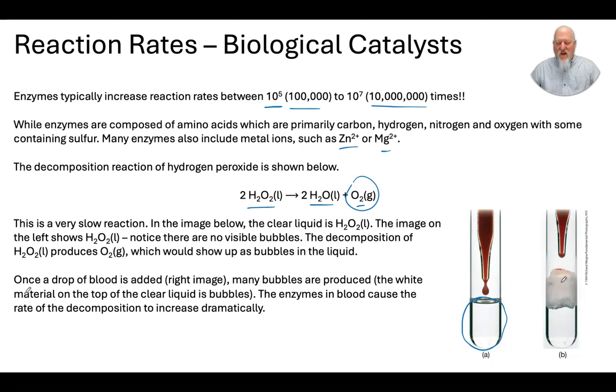However, if we add a drop of blood, this drop falls right into the liquid. We can see all those white things on the right there, those are all bubbles. We can see that the reaction occurs really, really fast now. The conversion between hydrogen peroxide and water and oxygen occurs really fast. We just put a little drop in, and millions and millions of bubbles form.